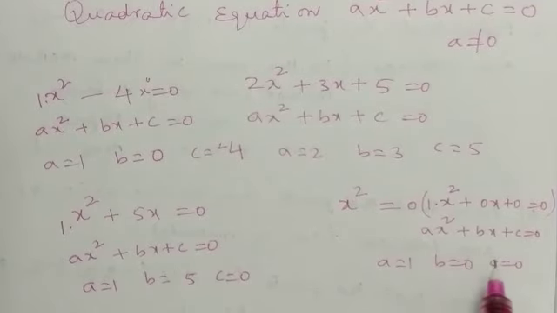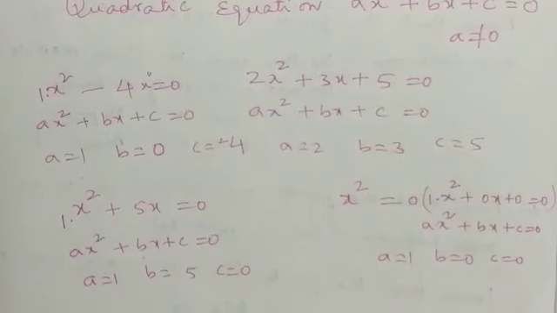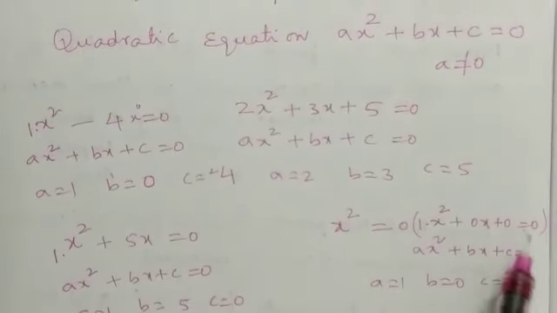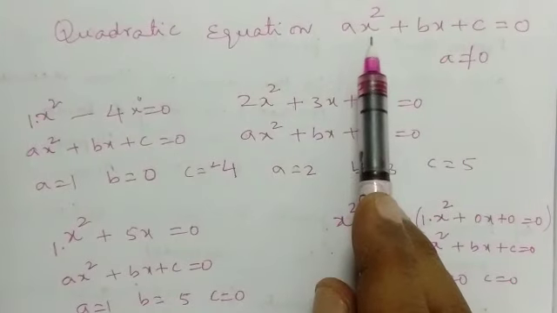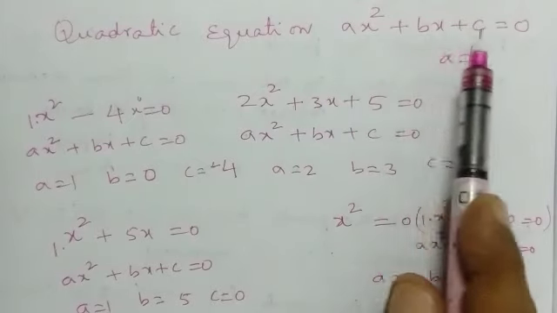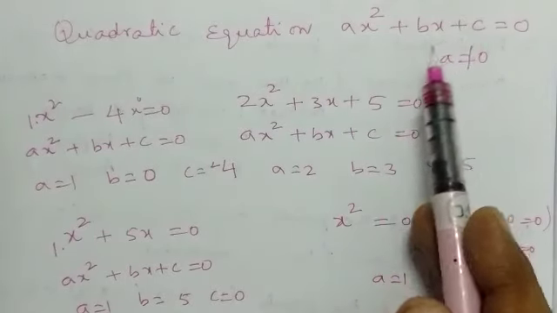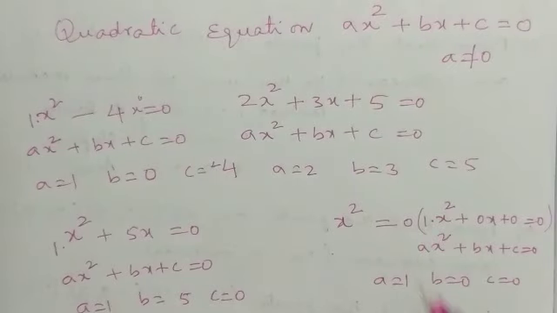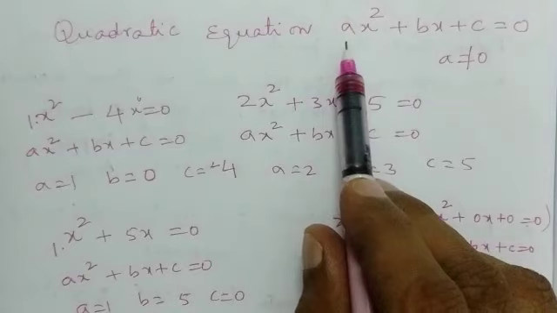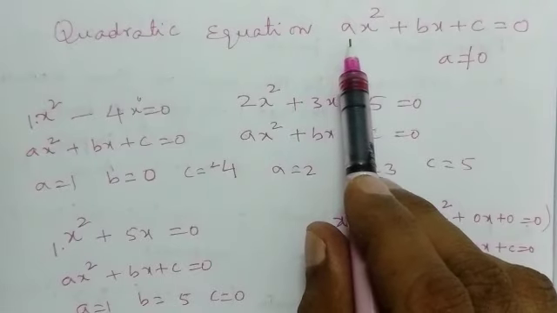So why have we discussed 4 examples? Because if you observe the definition of quadratic, the highest power of x must be 2 and its coefficient should not be 0. What about b and c? b and c may or may not be zeros. We are not particular about b and c. The definition is very particular about a. a must not be equal to 0.